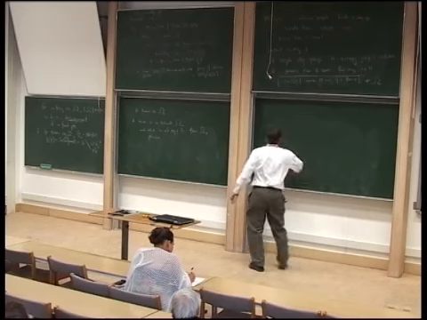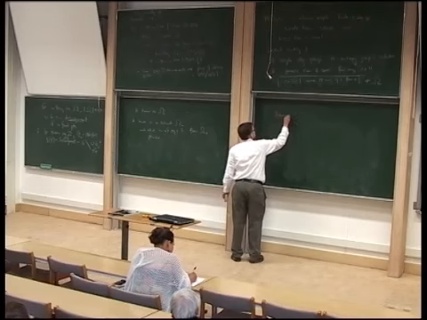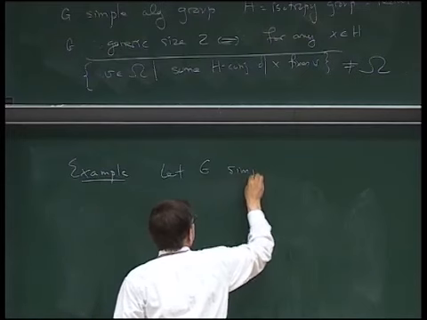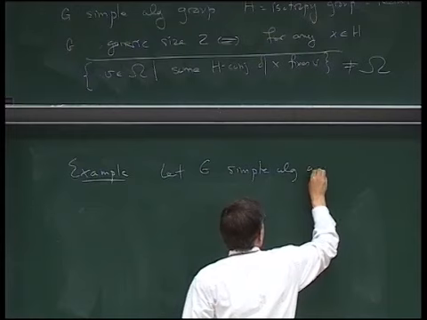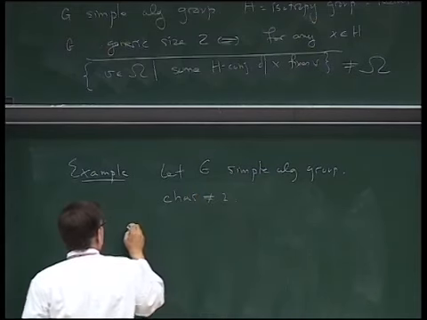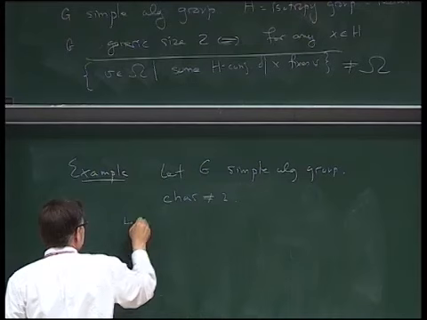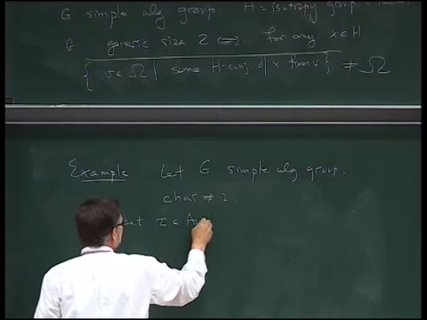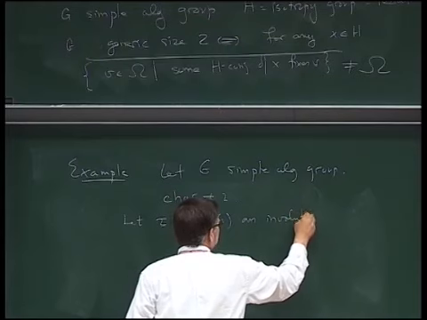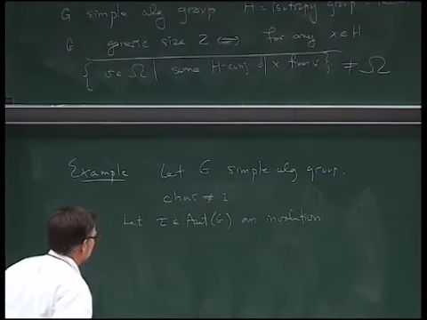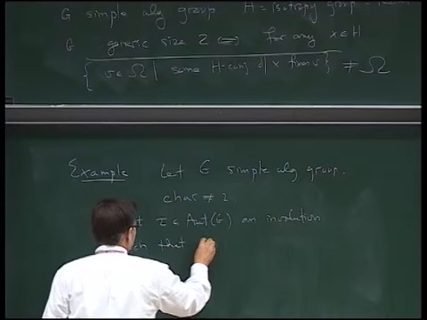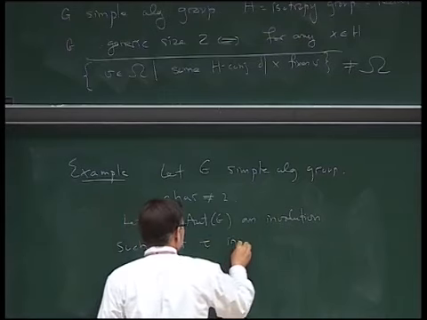So here's an example. Let G be a simple algebraic group, characteristic not 2. Let tau be an involution in the automorphism group of G, such that tau inverts a maximal torus.